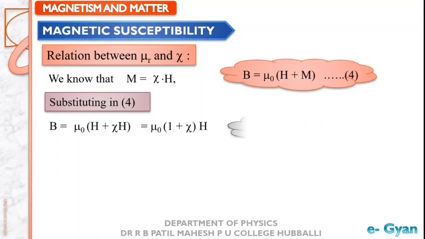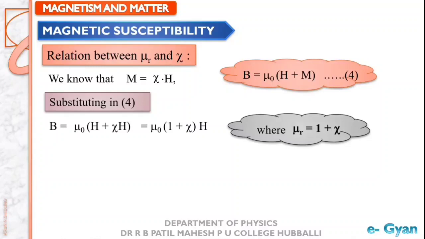We can replace 1 plus chi with mu r, because mu r is the quantity that has to be present there.